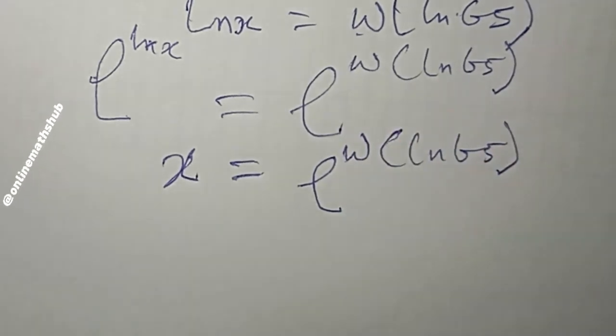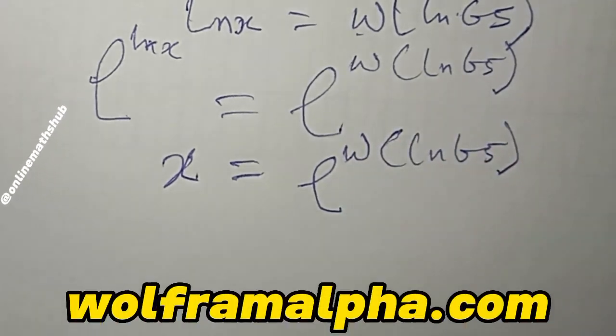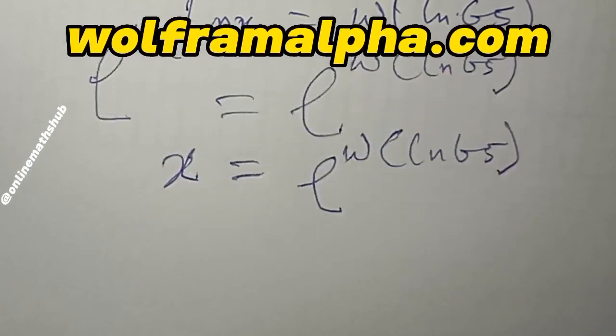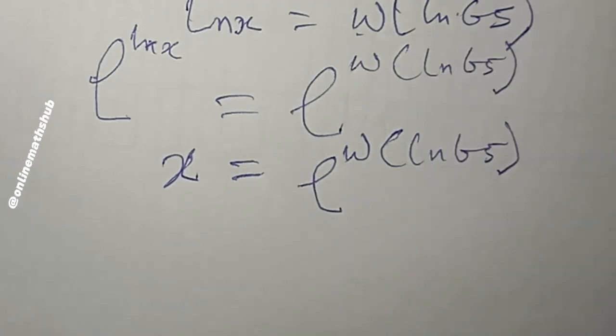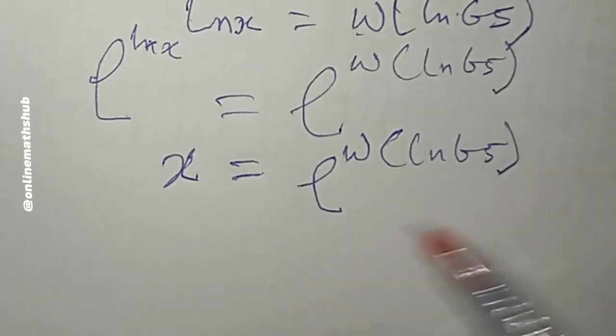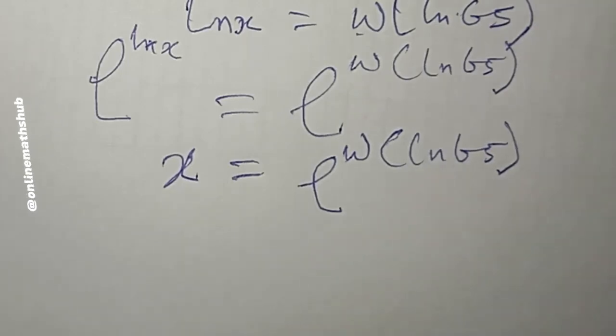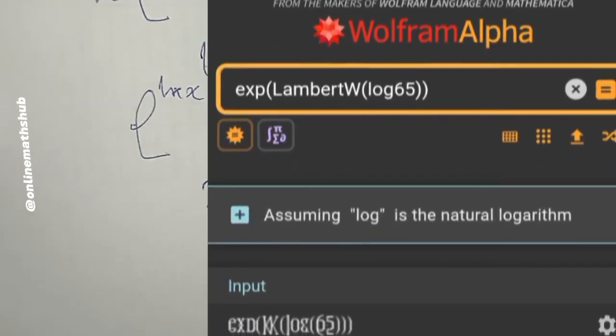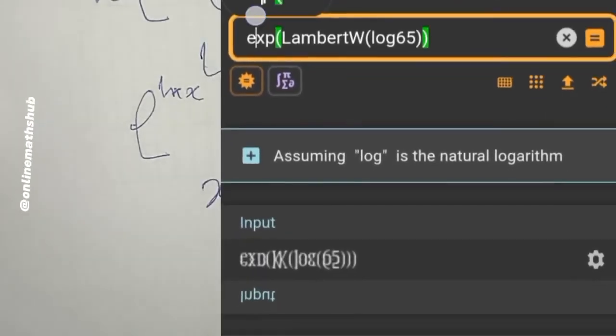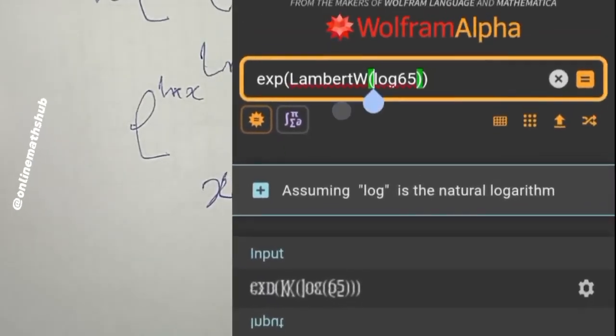Okay, so what I'm going to do is head on to wolframalpha.com, and then we are going to compute this so that we have an approximate decimal value of this expression over here. Once you head on to wolframalpha.com, you can just go ahead and type in your function right here.